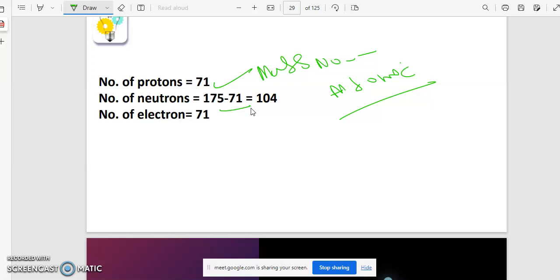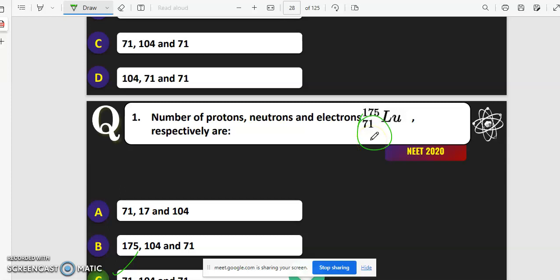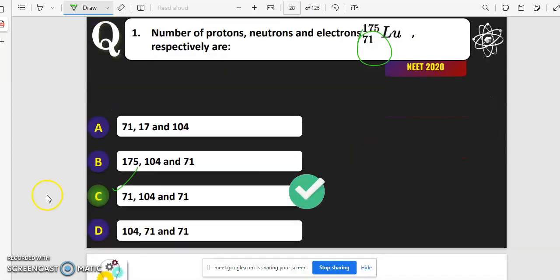As we discussed earlier, atomic number is the number of protons and also the number of electrons. So here the atomic number is 71, which means the number of electrons is equal to 71, and the number of protons is also 71. So that's why option C is the answer.